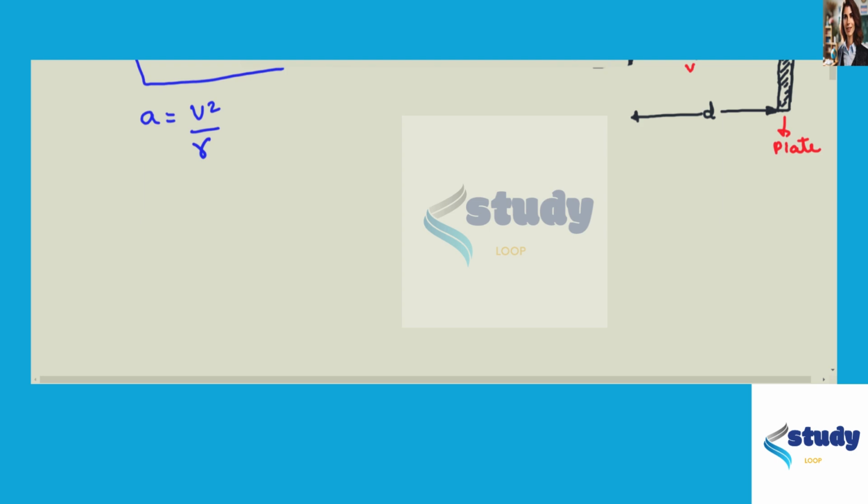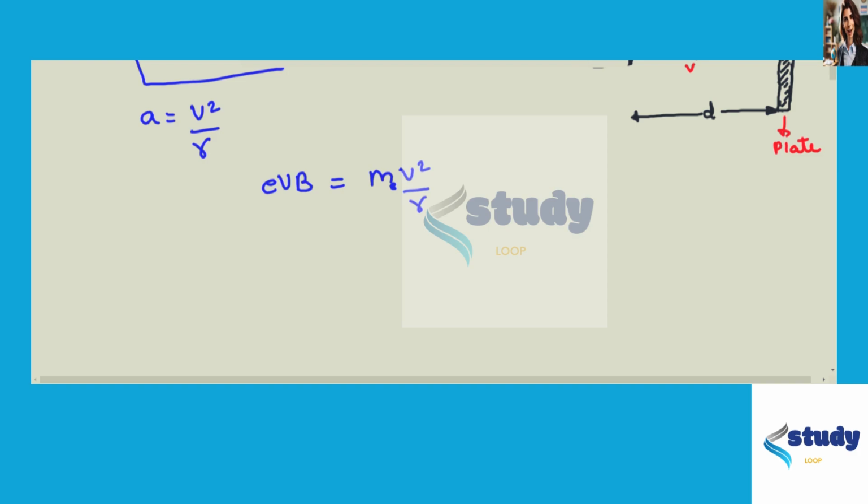Now, applying Newton's second law, that is balancing the force on the electron, e v B should be equal to m v square by r. That is m a, where m is the mass of the electron and v is the velocity.